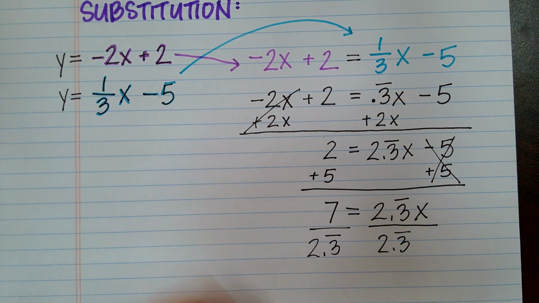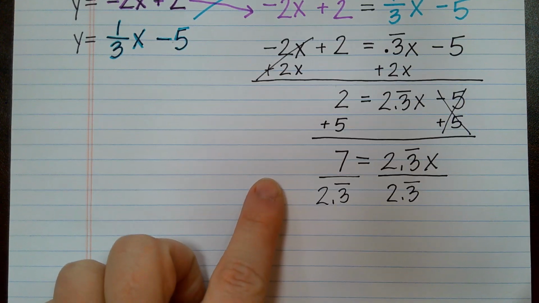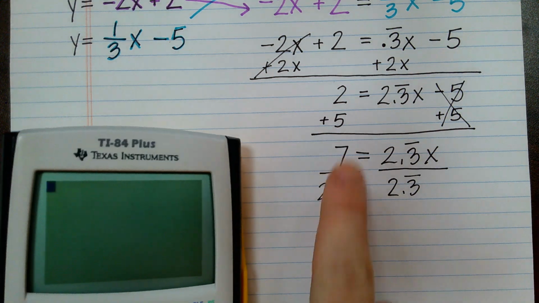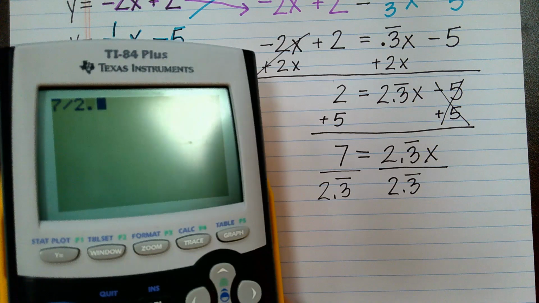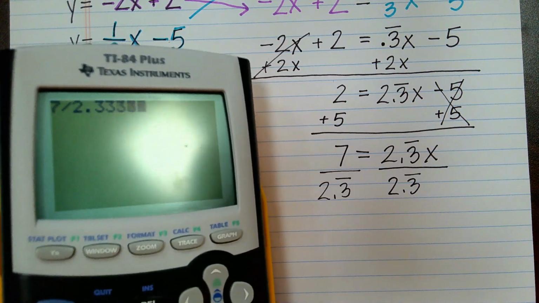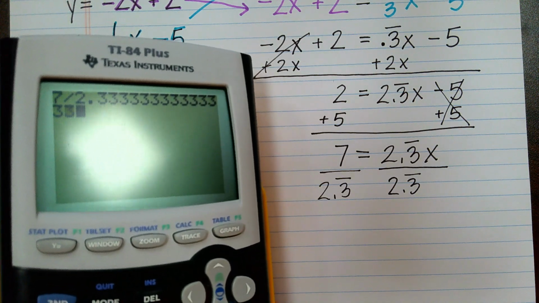So if you want the most accurate answer, when you do 7 divided by 2.3, I would just put as many 3s as it'll let you at the end.